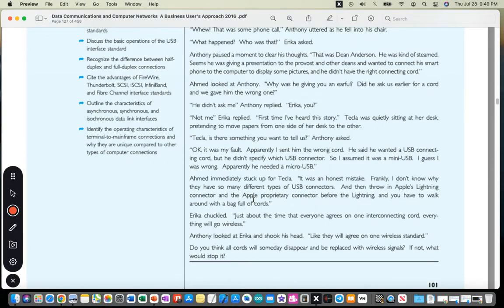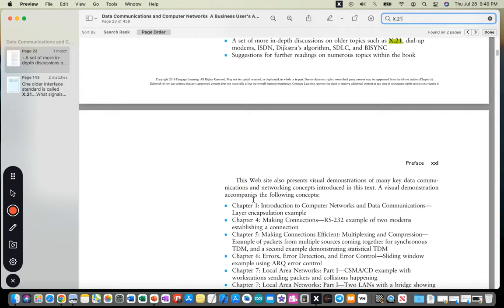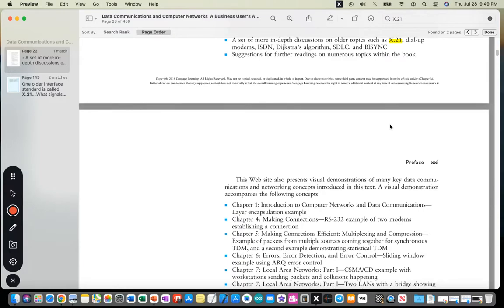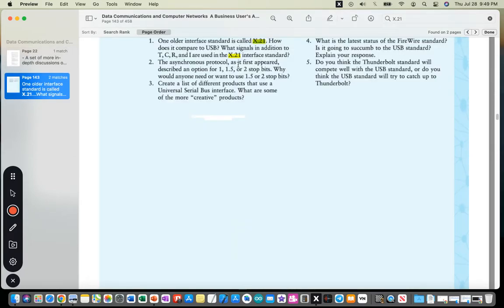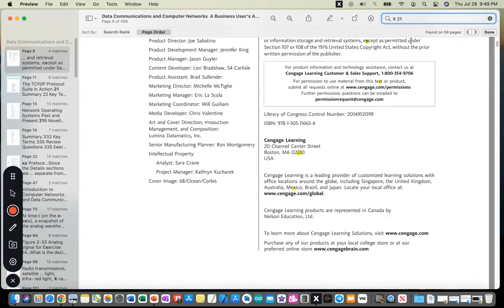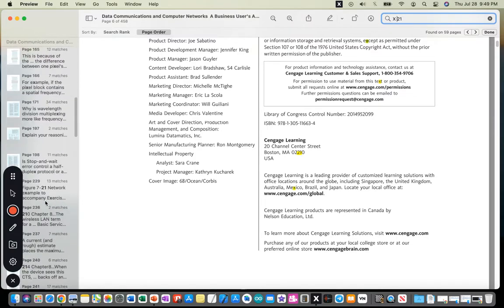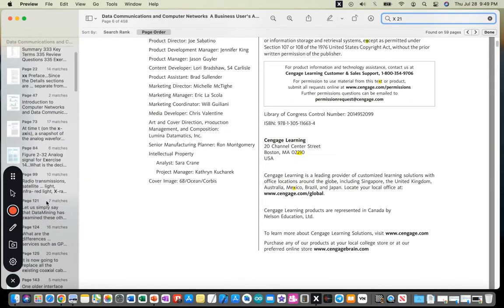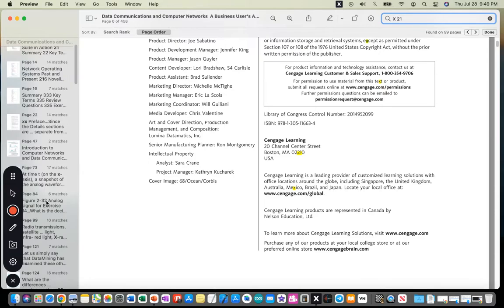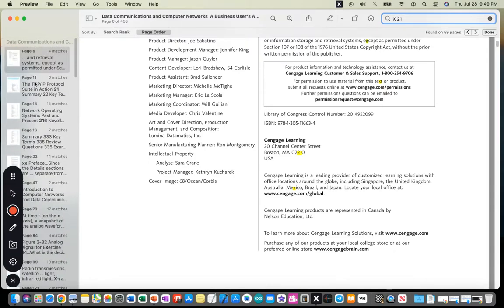So I can't really see anything related to that. Let me search one more time. And see in page 22, it says hands-on lab allows you such as X.21. And here in the questions, they just mention X.21, but it's not mentioned anywhere else. Let's see if we can search. 144. No, that's not really related.